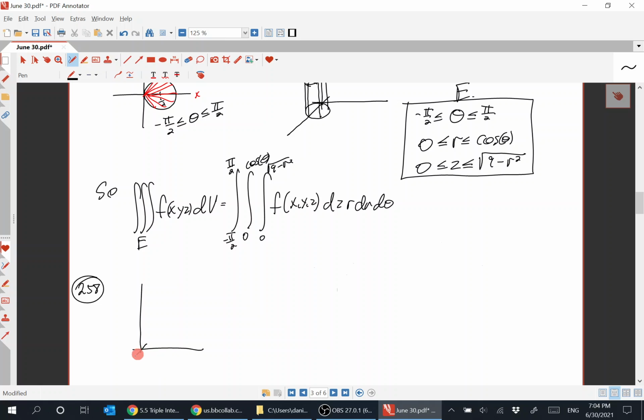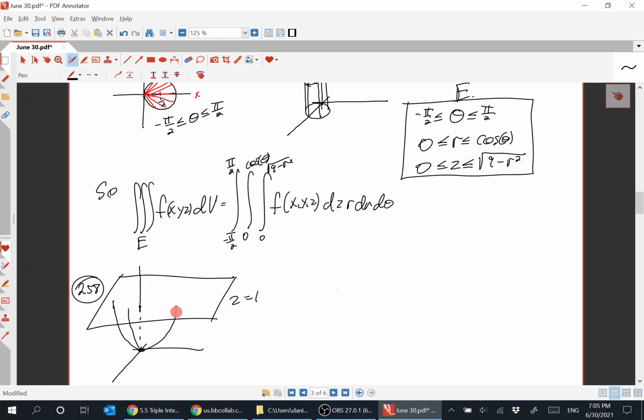So you've got that paraboloid z equals x squared plus y squared, and then this horizontal plane z equals 1.